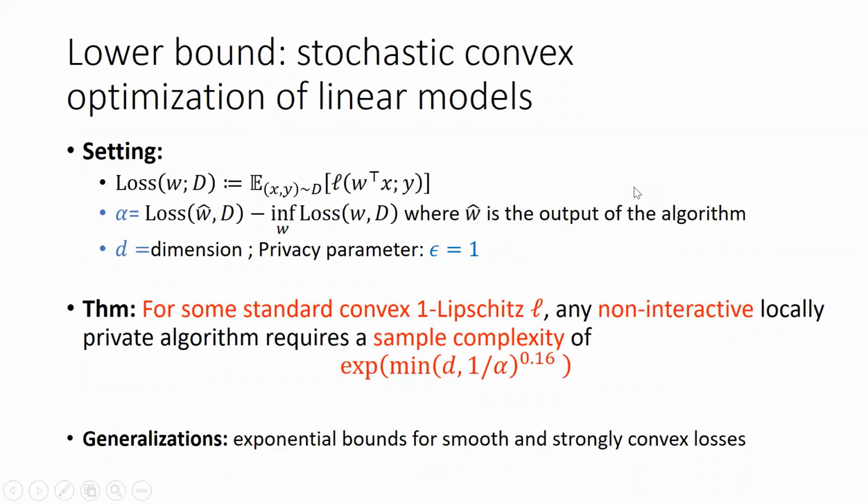And for general convex optimization, the sample complexity should be exponential, even for constant alpha.